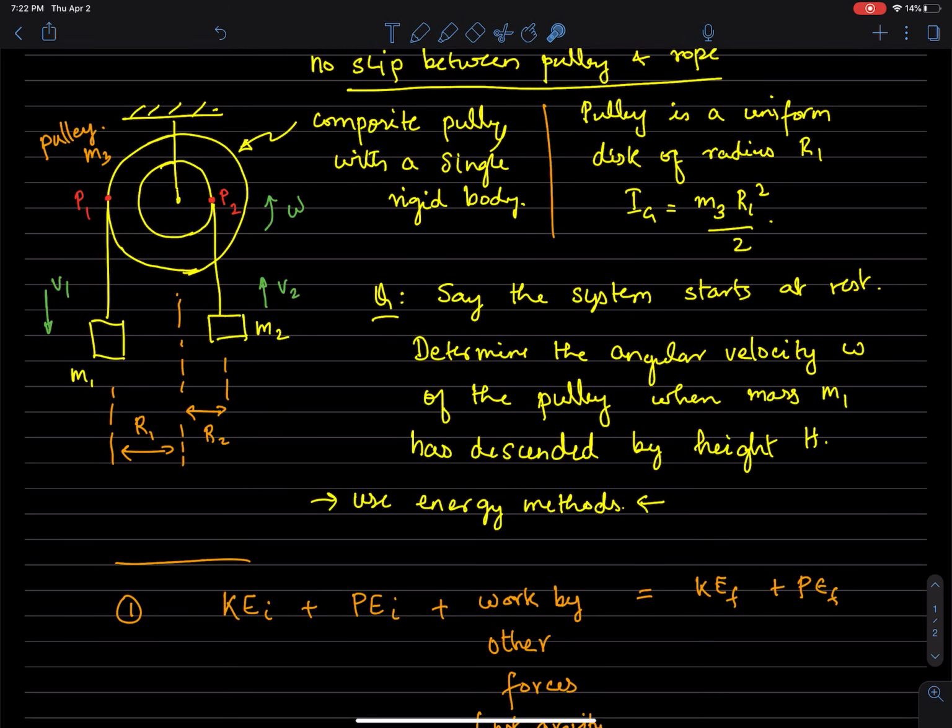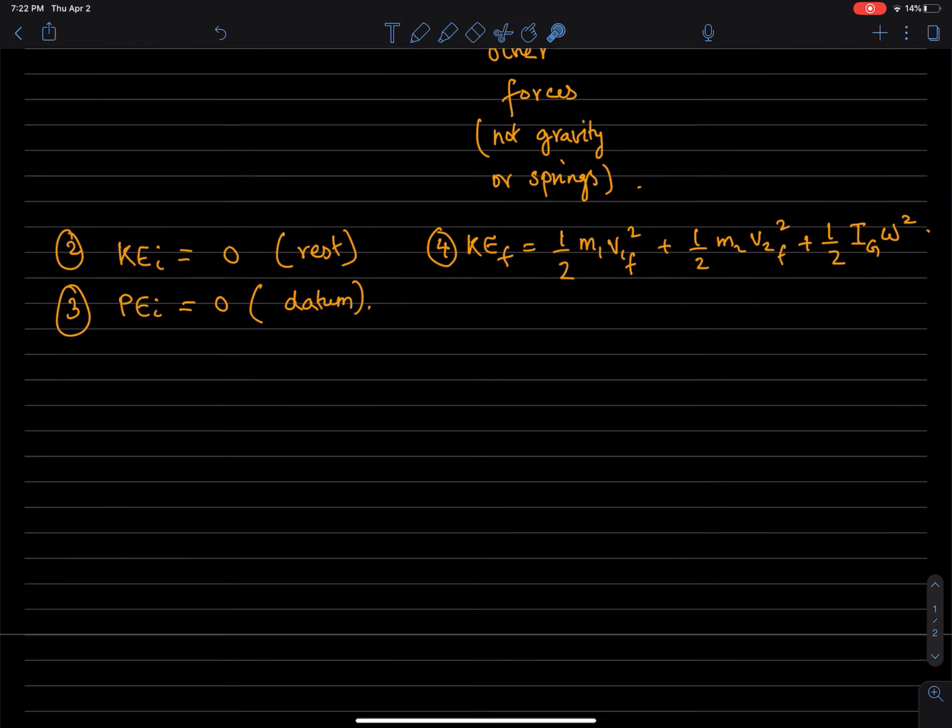Velocity of point P1 is R1 omega. And because there is no slip between the rope and the pulley, the velocity of point P1 will be equal to the velocity of M1.